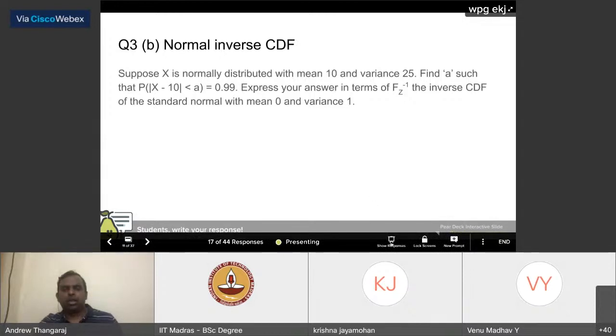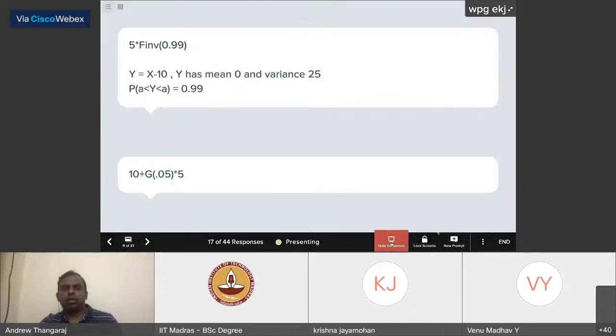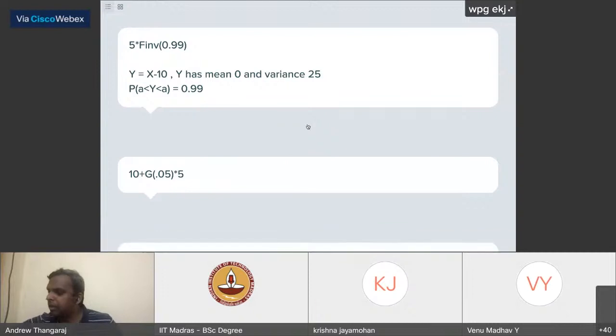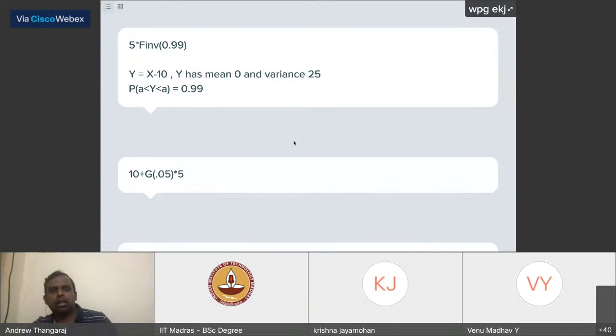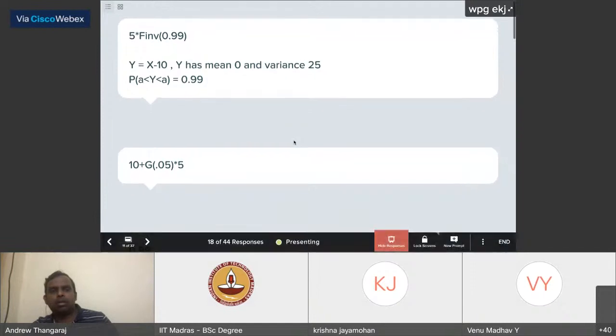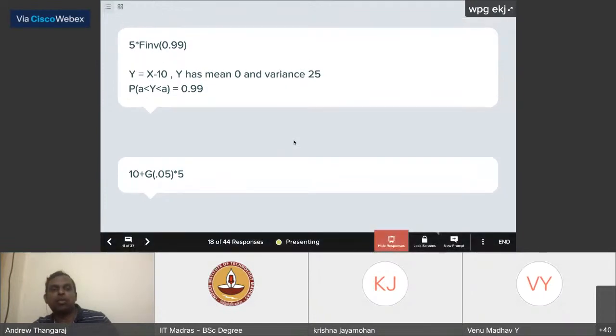Okay, so going is a little slow here, so let me just quickly go to that. The answer is a bit complicated. It needs a little bit of manipulation. 10 plus 0.5... 5 times F inverse of 0.99.